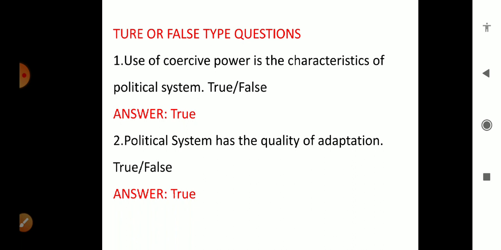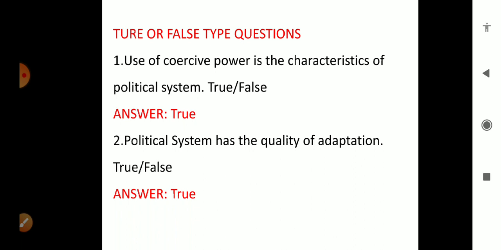So the first question is, use of coercive power is the characteristic of political system. Coercive power means punishing power. So which authority has punishing power? In society, in the state, we have so many organizations, right?